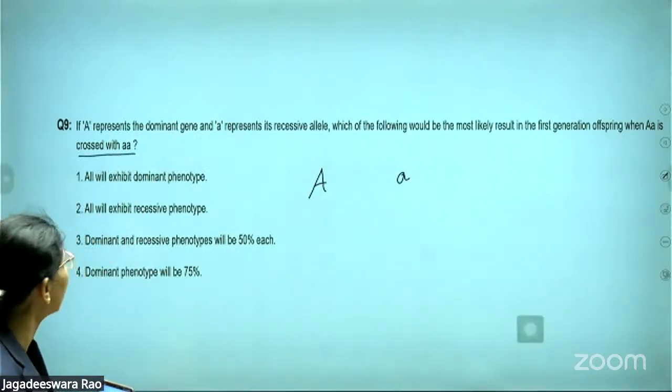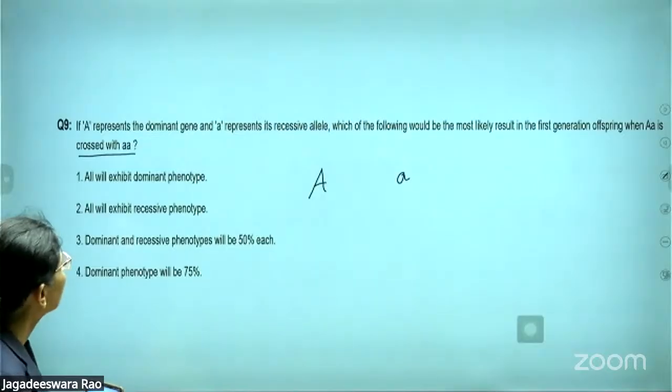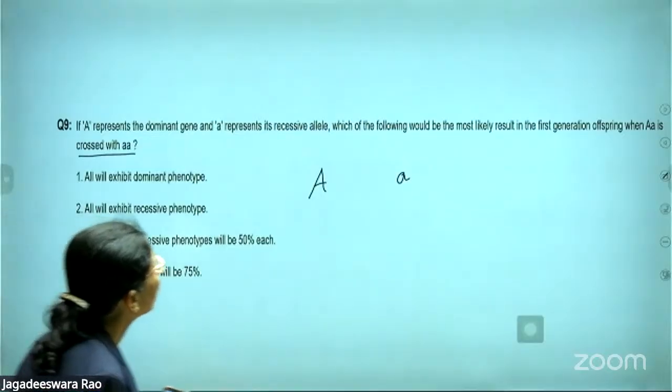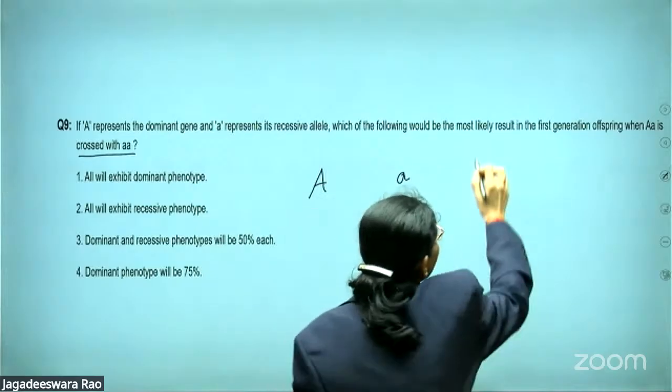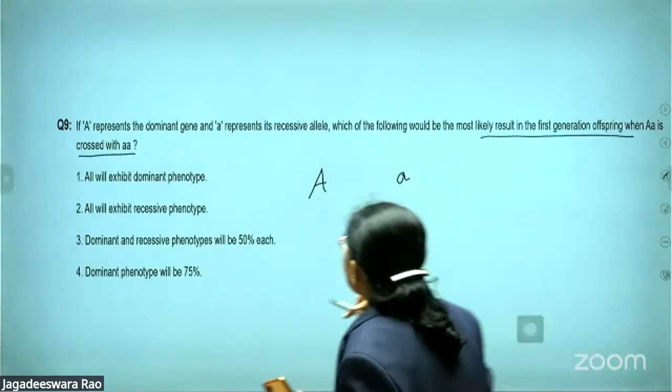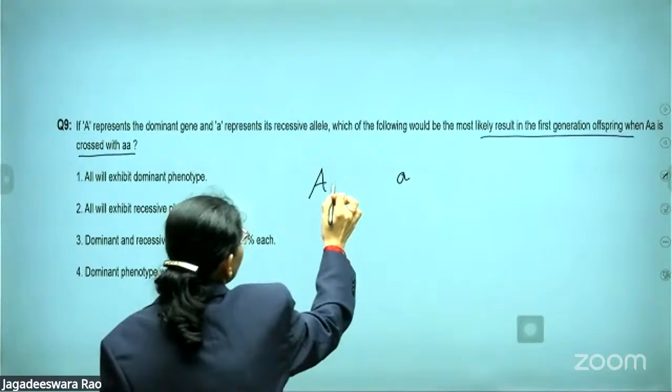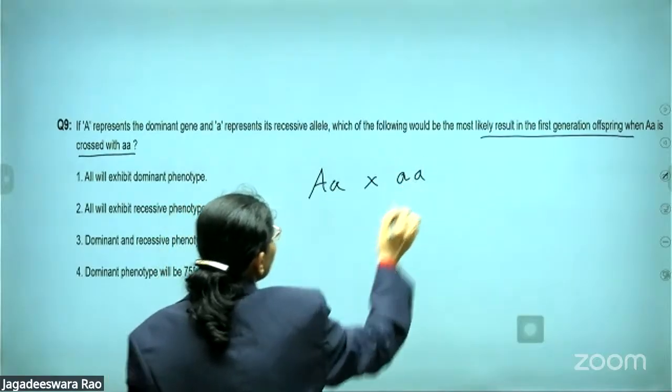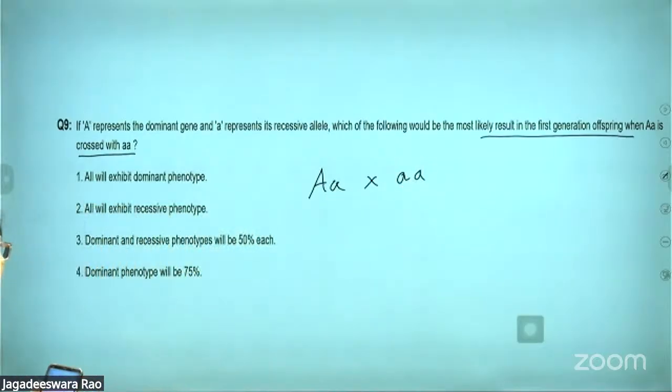You can see heterozygous condition and the recessive one. You know the result: one is heterozygous dominant, another one is homozygous recessive, right? So what is your answer?